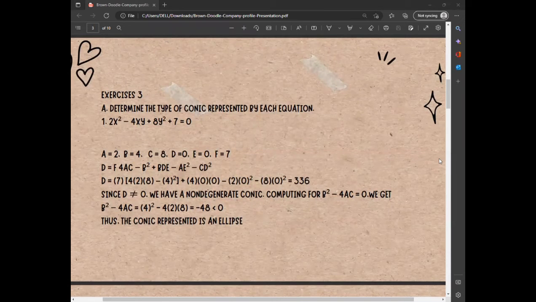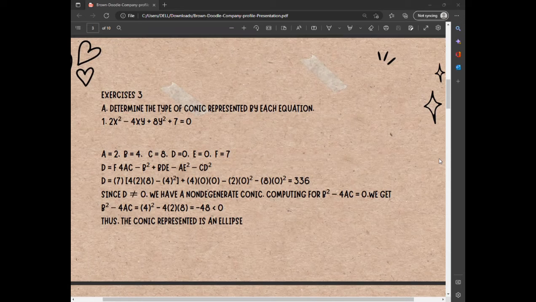A, determine the type of conic represented by each equation. So, let's find out what is represented by each equation. 1, 2x squared minus 4xy plus 8y squared plus 7 is equal to 0.